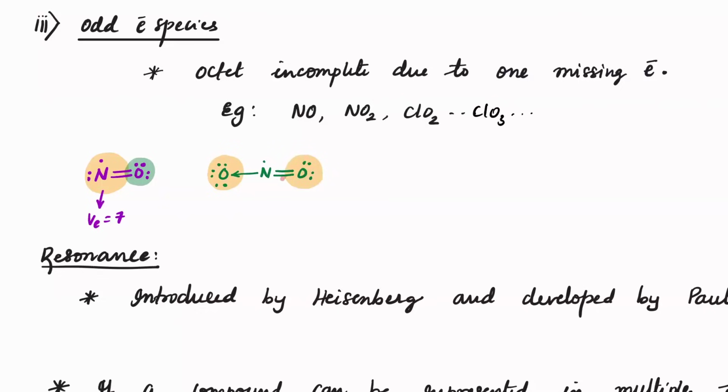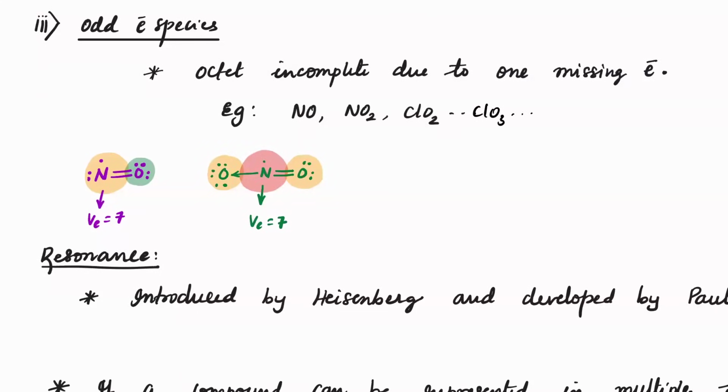But now if you notice for nitrogen, we have only 7 electrons. So notice that we have 2 here, 2 here, 2 here. 6 plus 1, 7. So valence electrons on nitrogen is only 7. So that makes it odd electron species.